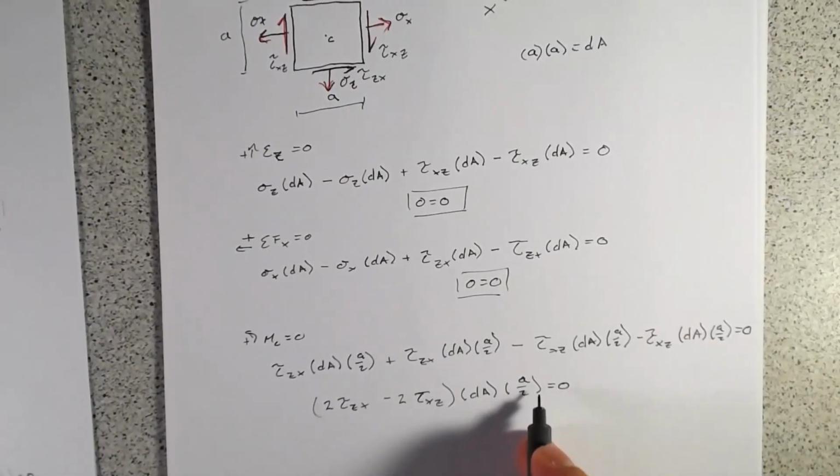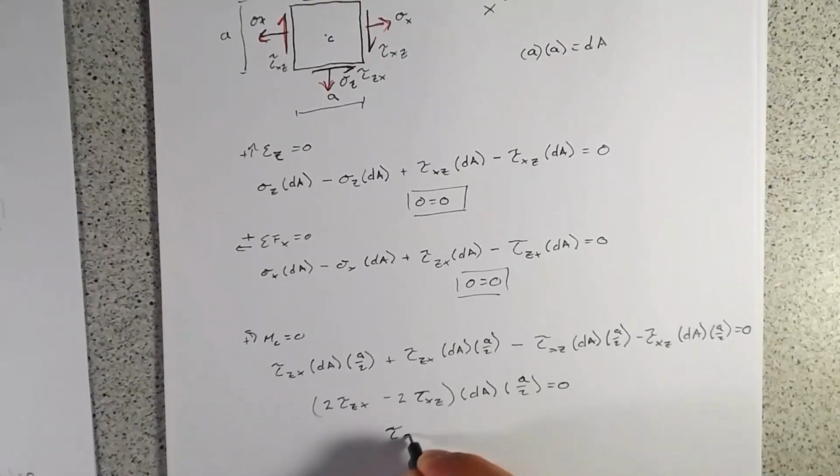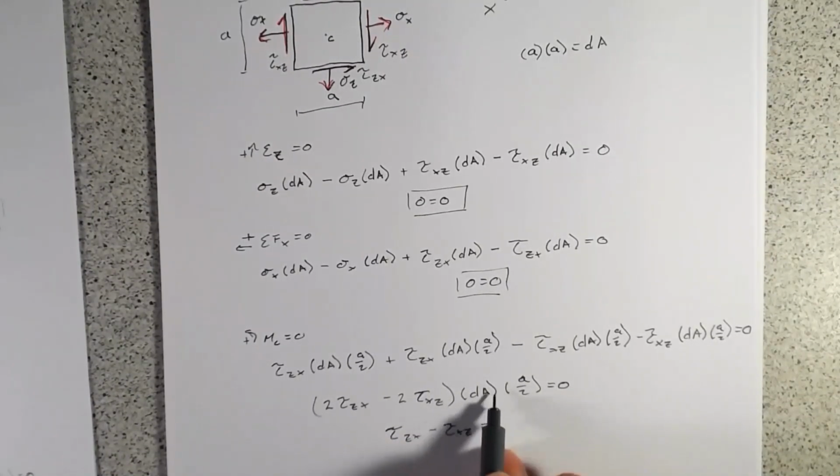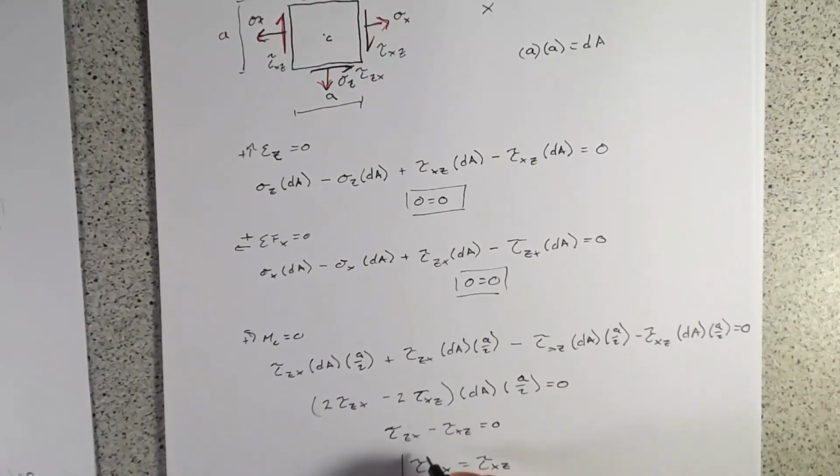We can factor this out. The 2's cancel. And then we basically will work out that tau zx minus tau xz equals 0. So we can divide out the 2. And what we're left with is that tau zx equals tau xz.